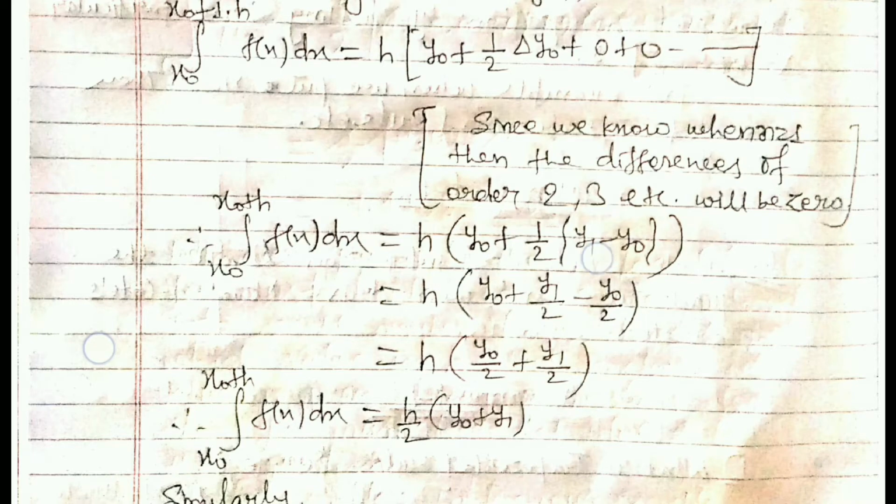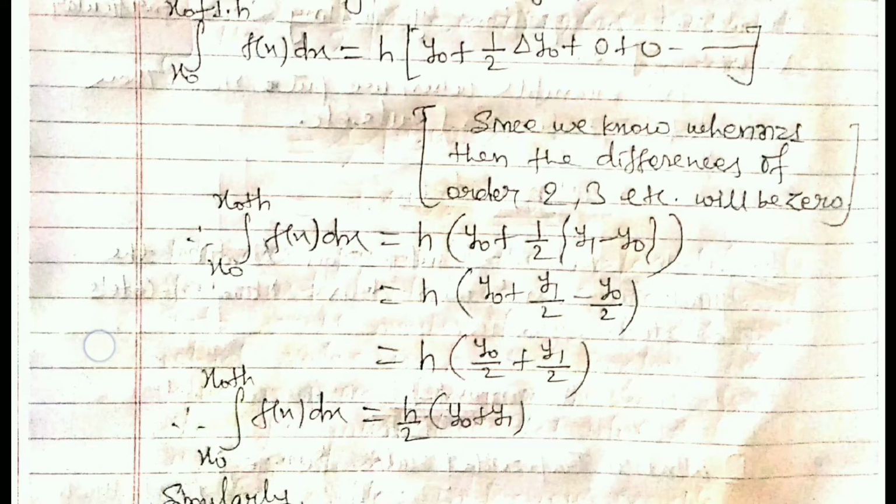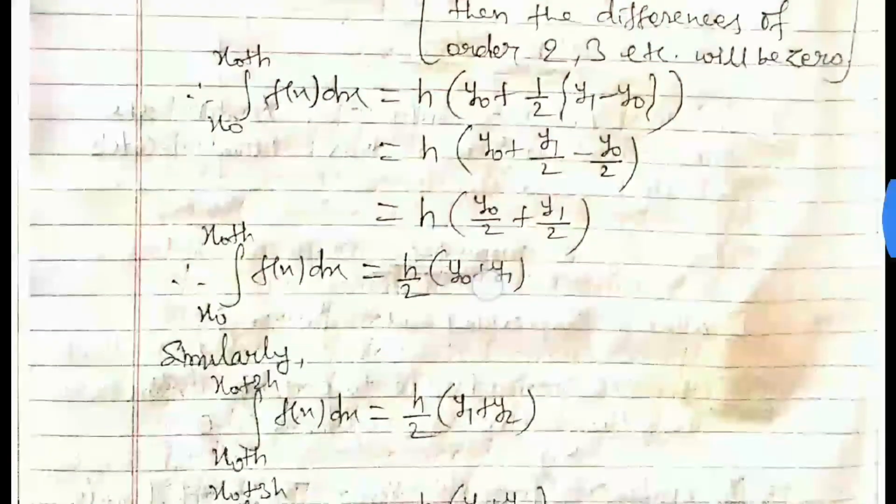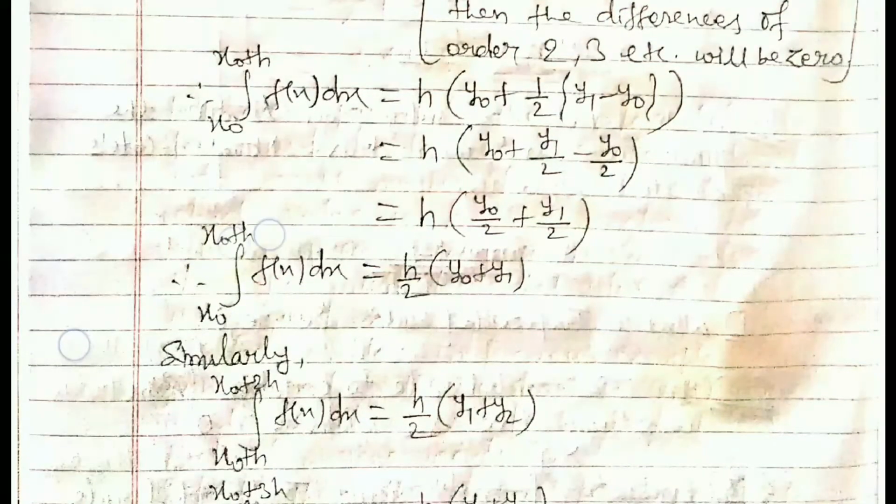That is y1 minus y0. So that is h into (y0 plus half of (y1 minus y0)), and then we simplify this. After simplifying, we get its value as h into (y0 by 2 plus y1 by 2). That means the integration of f(x) from x0 to x0 plus h is equal to h by 2 into (y0 plus y1).